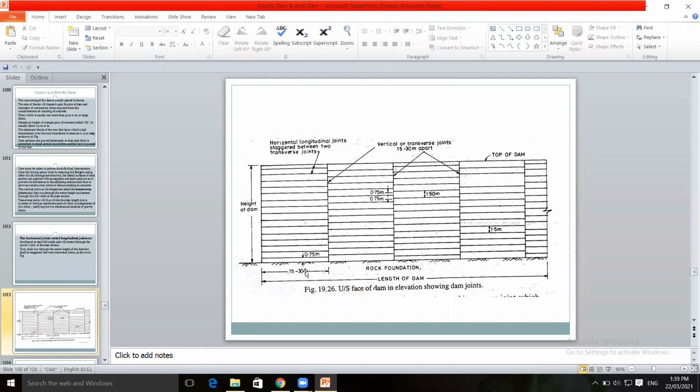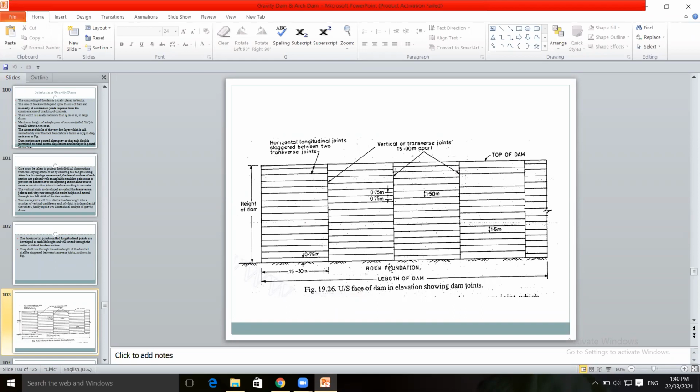The vertical or transverse joints are 15 to 30 meter apart. What is the distance between transverse joints? 15 to 30 meter.